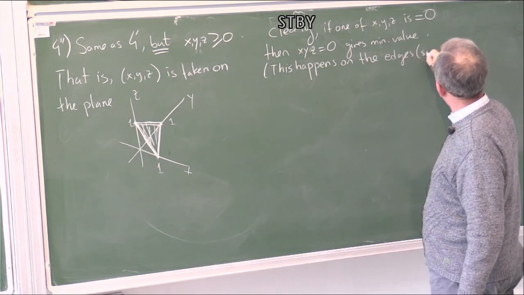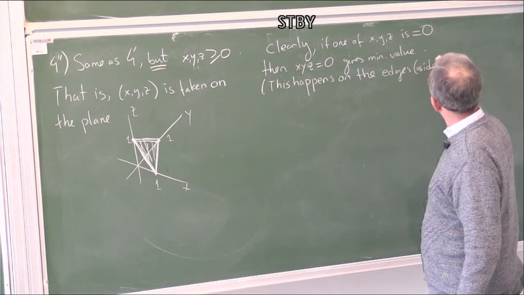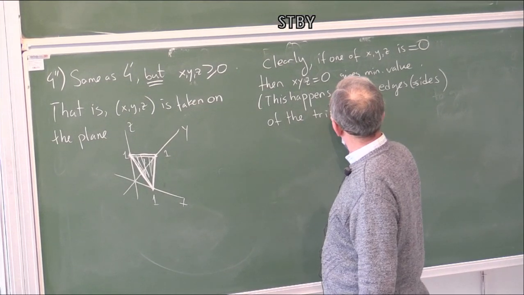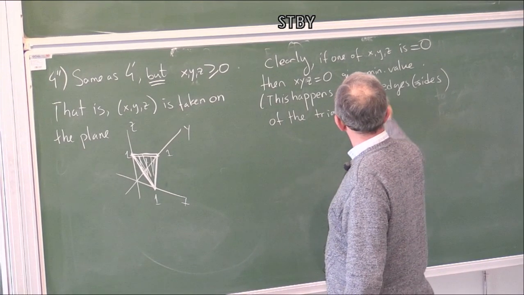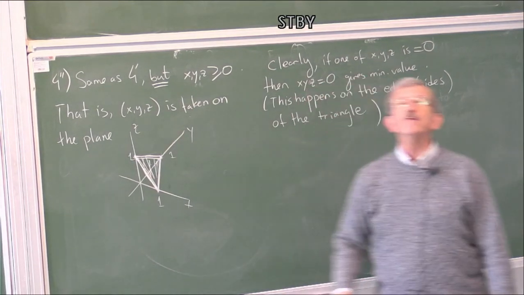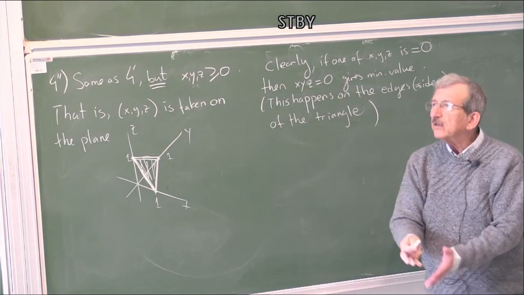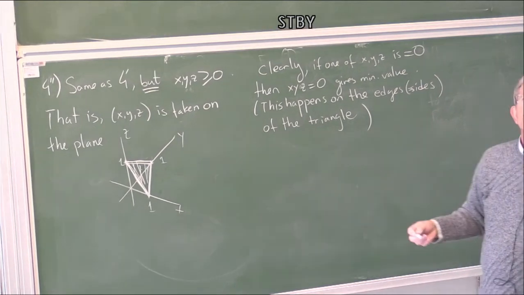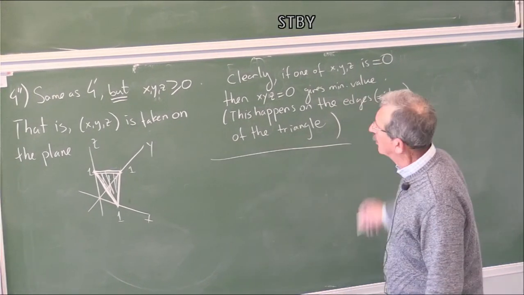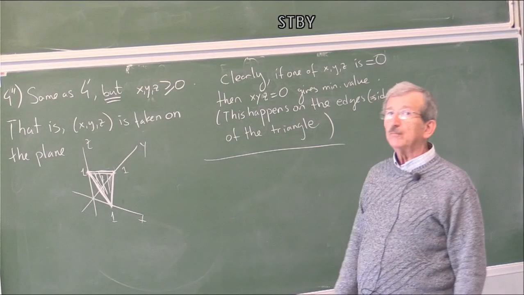Well, this means sides in geometry of the triangle. So, for all points on the perimeter of this triangle, we get the product 0. Okay. Do we have a maximum? Well, of course we do.